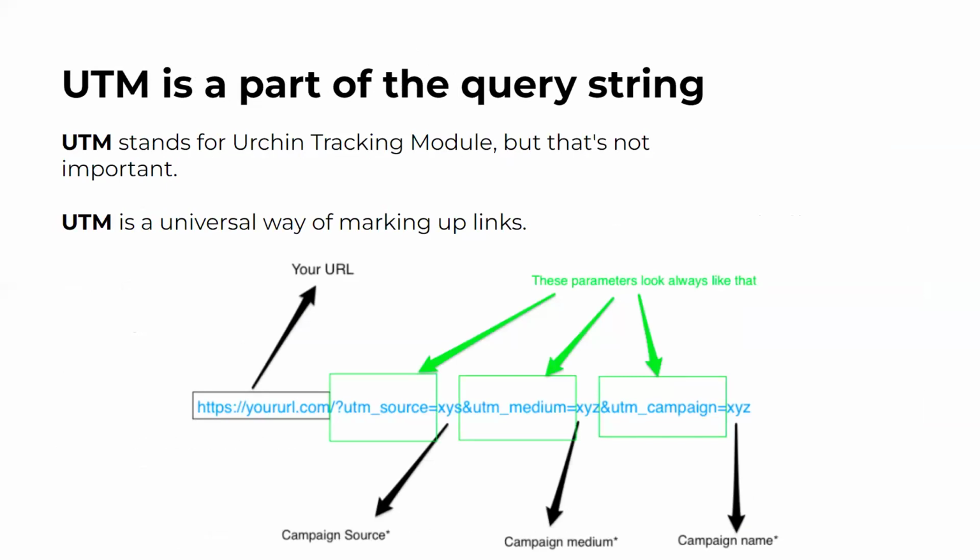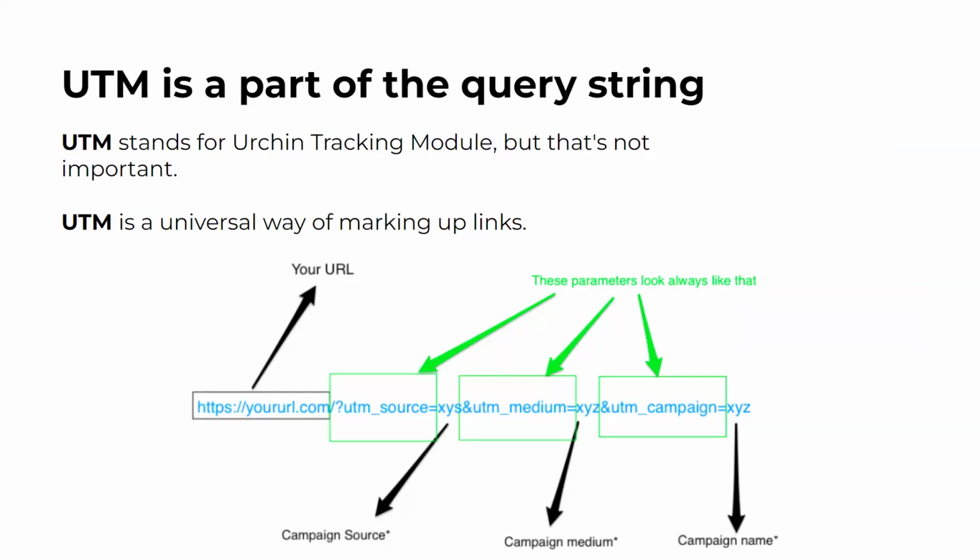So aside from URL encoding, we also have what we call the UTM, which is a part of the query string. The UTM stands for Urchin Tracking Module. It is a universal way of marking up links. The UTM consists of campaign source, campaign medium, and campaign name.